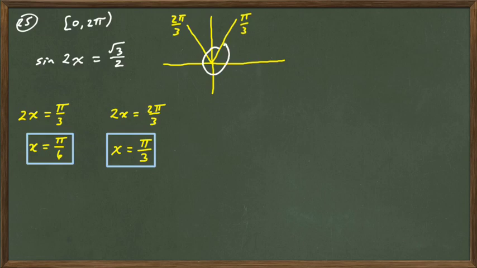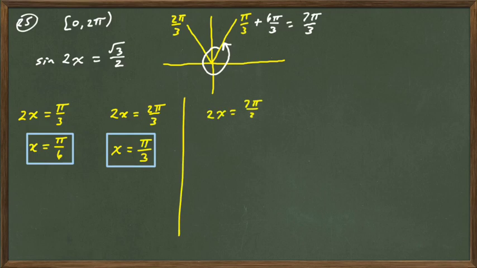So if I add 2 pi, if I add 6/3 to 1/3, what would I have? 7/3. So 2x has to equal 7/3. Or what if I added 2 pi to 2/3? If I added 6/3 to 2/3, what would that make it? 8/3?